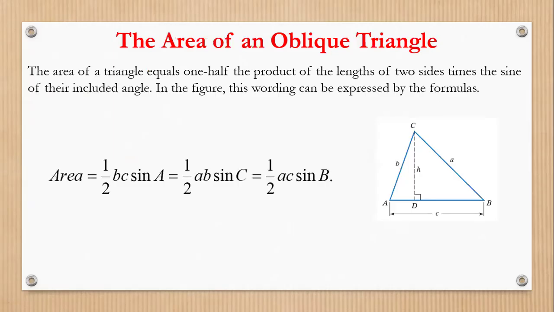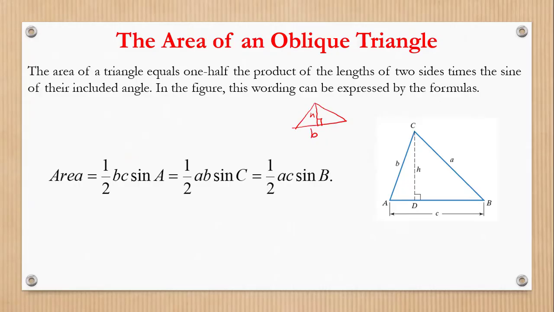How can we find an area in any oblique triangle? You know that we learn in high school that the area of a triangle is half of the base times height. If I have a triangle, that's the height, that's the base. I can multiply height by the base and then divide it by 2, and it gives me the area of the triangle.